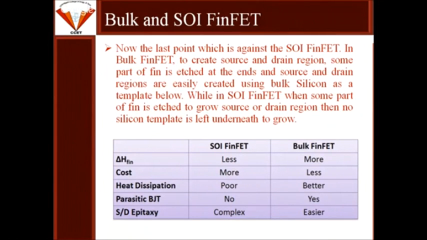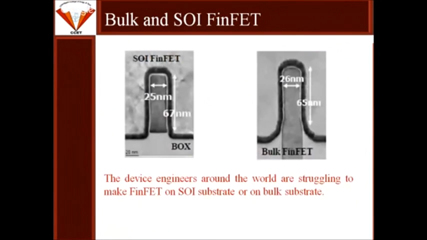You can just imagine, if you look at this figure, in bulk FinFET the fin is connected with the substrate, or you can say the bulk. So if we etch from two sides, we will get some area to develop the source and the drain region. It means we can deposit some more silicon from those two sides, and we have a better possibility to create source and drain regions.